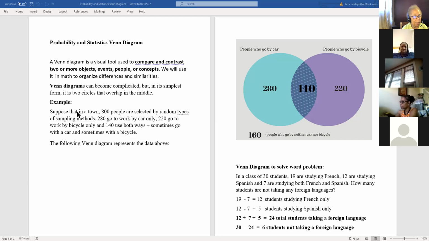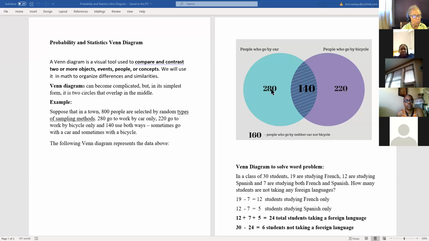Suppose that in a town, 800 people are selected by random sampling methods. 280 go to work by car only, 220 go to work by bicycle only, and 140 use both ways, sometimes with car, sometimes with a bicycle. When you have both ways, that's the overlap, in the middle here.